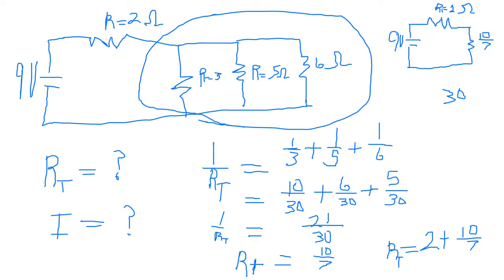Once you solve the common denominators, you end up with 10 over 7 versus 2 plus 21 over 30. So that would be incorrect. It would actually be 14 over 7 plus 10 over 7, 24 over 7. And that would be your R total.